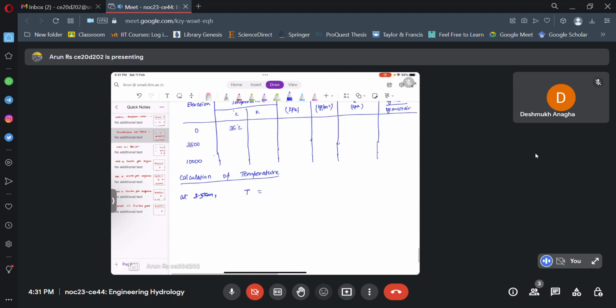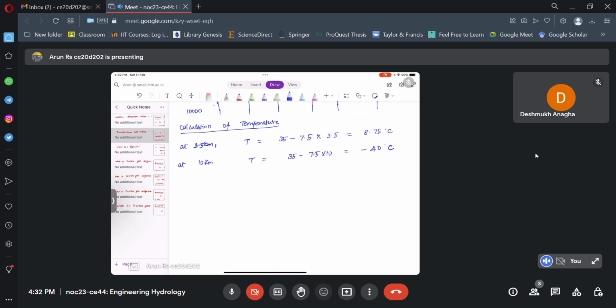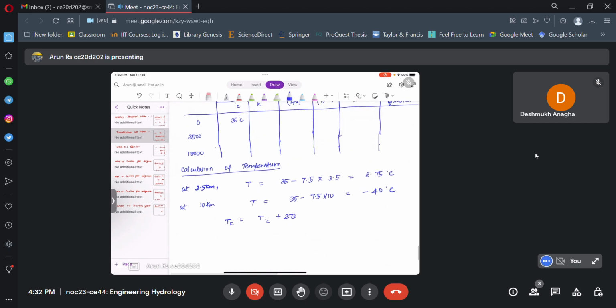That is temperature is 35 minus, using the lapse rate, 7.5 into 3.5. We have 8.75 degrees centigrade at the cloud base, and at the top of the thunderstorm model, we have minus 40 degrees centigrade. And then we need to estimate the temperature in Kelvin as well. That is temperature in degree centigrade plus 273.